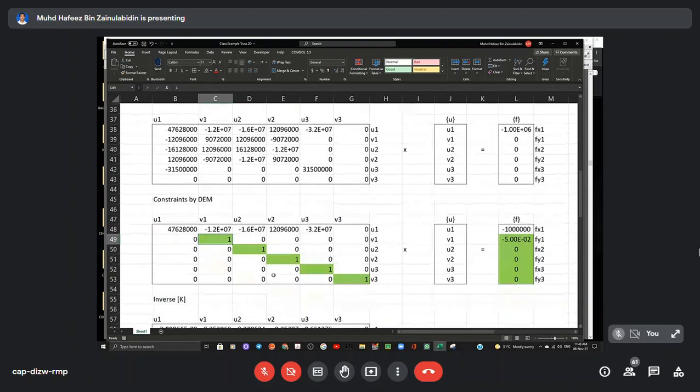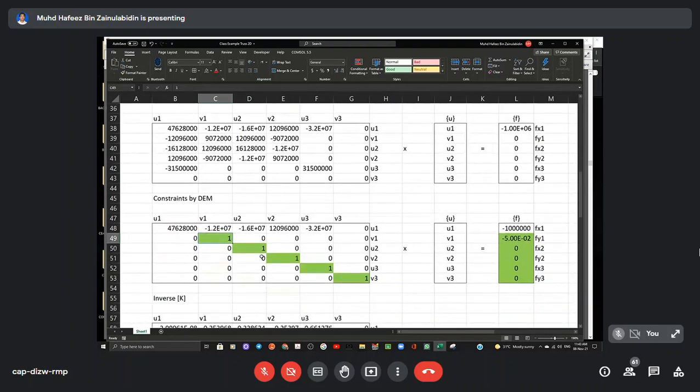And then nodes 2 and 3, we fix all the degrees of freedom in the X and Y directions. So U2, V2, U3, V3 follow the same step. Put 1 for the horizontal displacement of node 2, U2. See this label here, U2, and then U2 here. So this is the location.